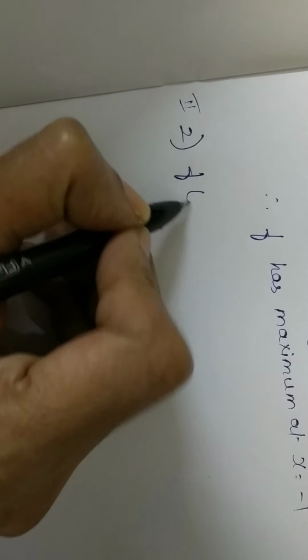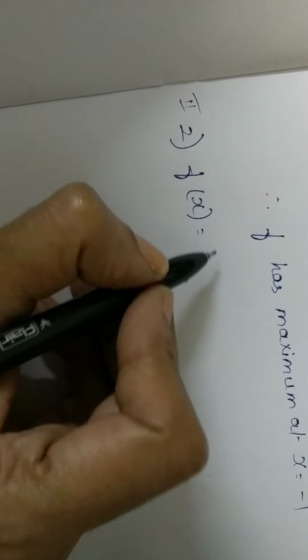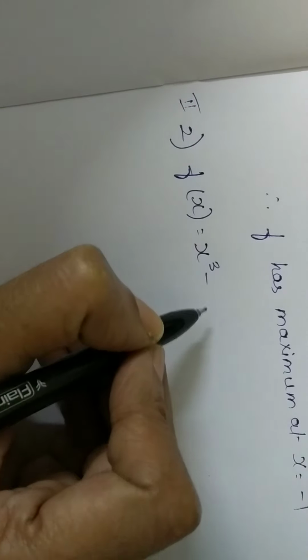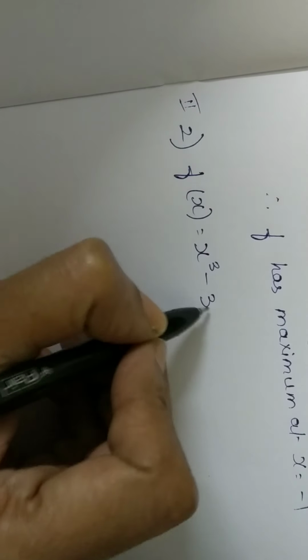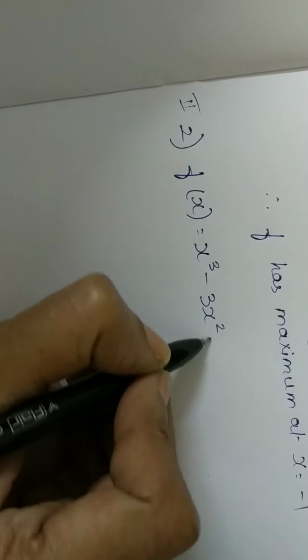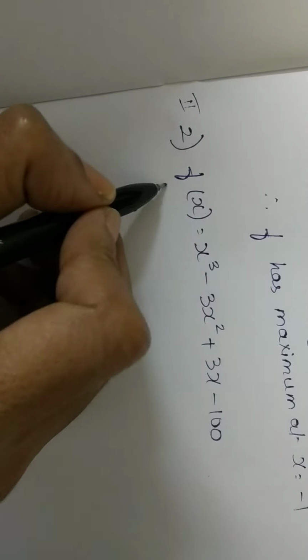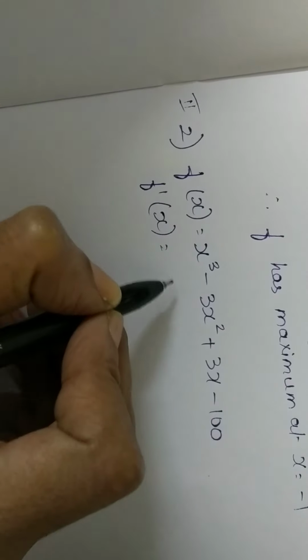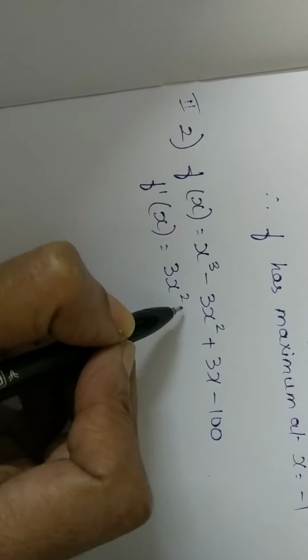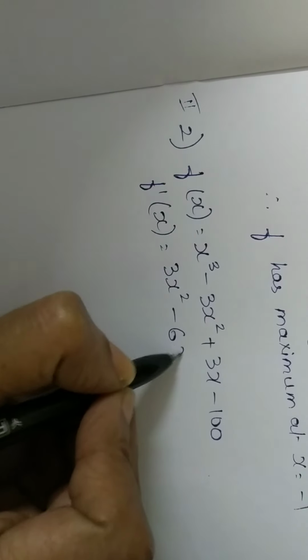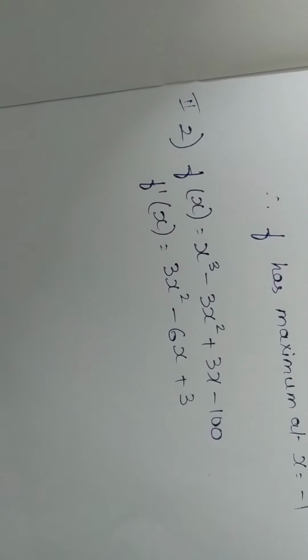Now here f(x) is given as x cube minus 3x square plus 3x minus 100. So first we find f dash of x, which comes out as 3x square minus 6x plus 3.